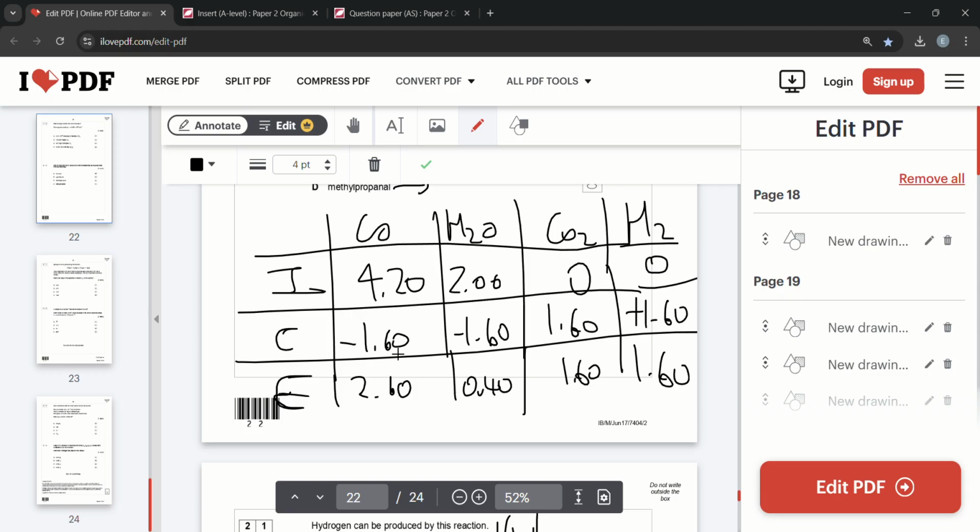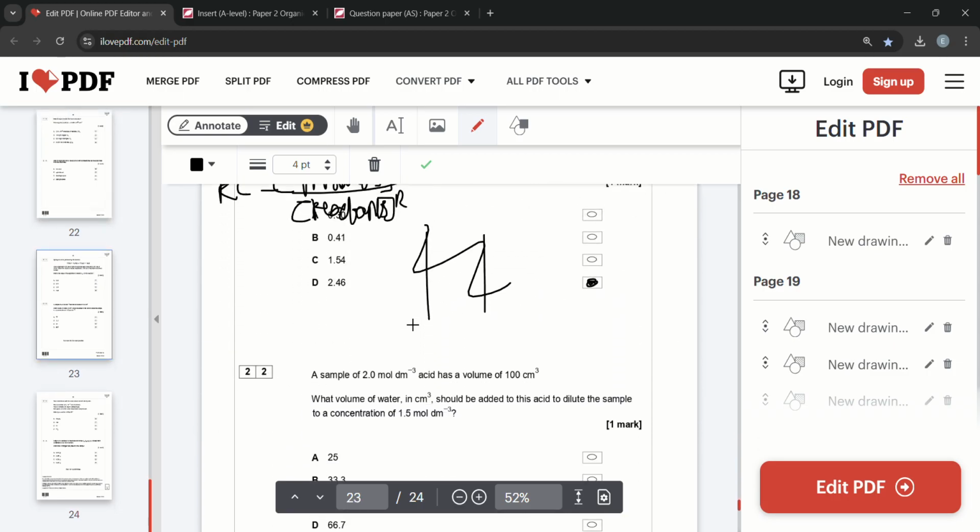There we go. I know it's a lot for a 1 marker, but this is what it is.